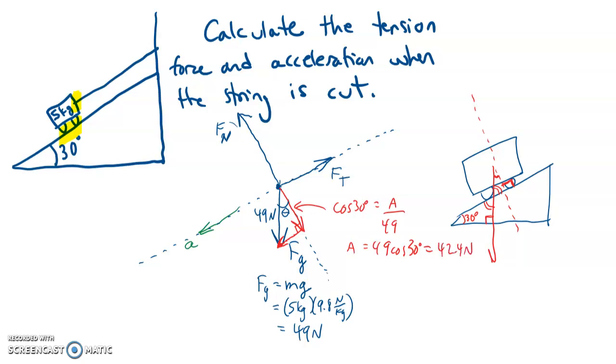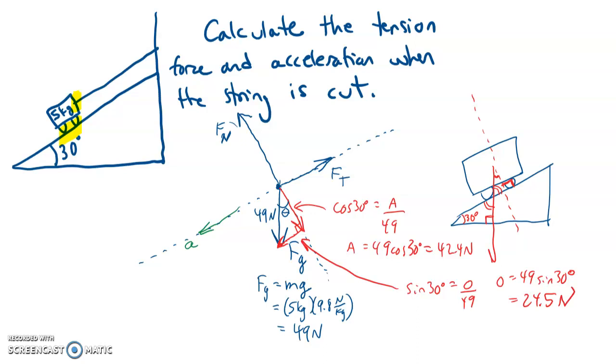Let's take a look at the x component, which is opposite the 30-degree angle. So I will use sine. Sine of 30 equals opposite over hypotenuse, which is 49. So opposite equals 49 times the sine of 30, and that's equal to 24.5. So that is my x component of gravity.